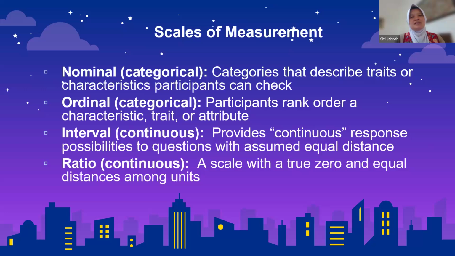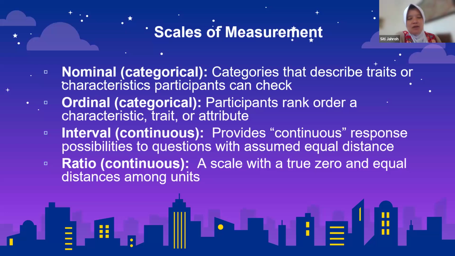And then, the scale of measurement. I think you are familiar already with what is the nominal, what is the ordinal, what is the interval, what is the ratio. That's the data. Actually, the nominal is categorized, that describe traits or characteristic participants can check. For the ordinal, it's the participant rank order, a characteristic or trait or attribute.